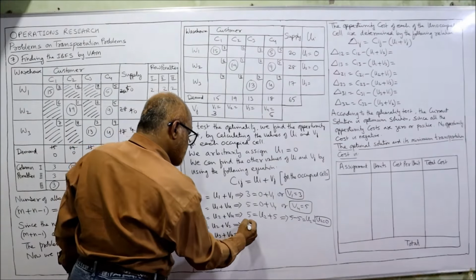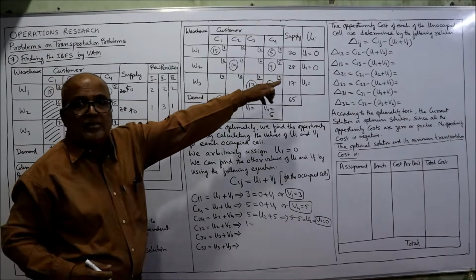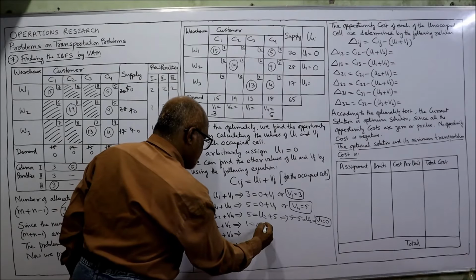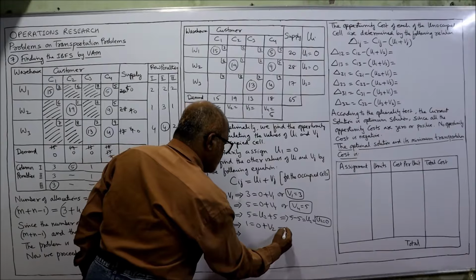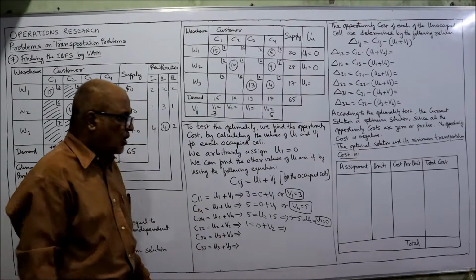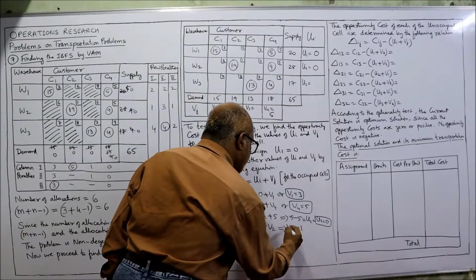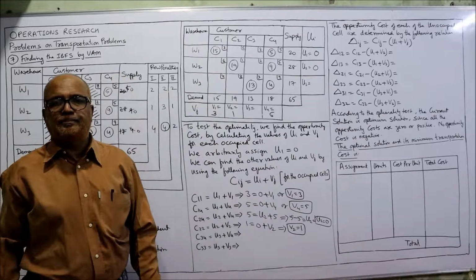So 1 is equal to U2, which is 0, plus V2. So what will it become? 1 is equal to 0 plus V2, or simply V2 is equal to 1. We got V2 is equal to 1.